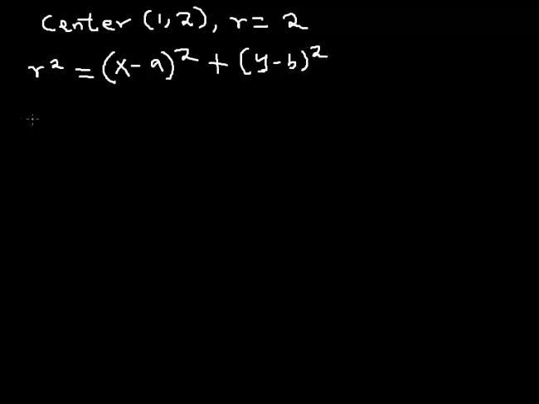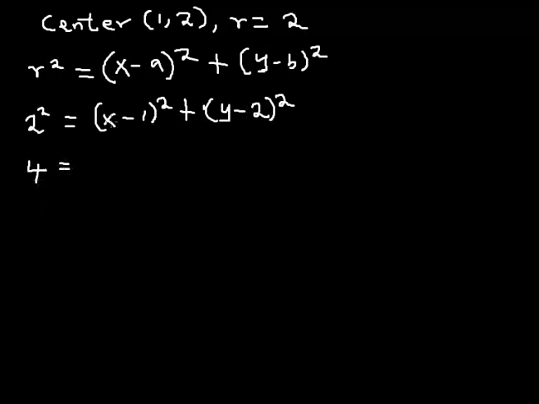So here r is 2, so I'm having 2 squared equal to (x minus the x coordinate of the center, which is 1) squared, plus (y minus the y coordinate of the center, which is 2) squared, so 2 squared is 4.